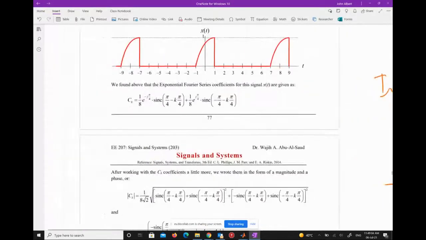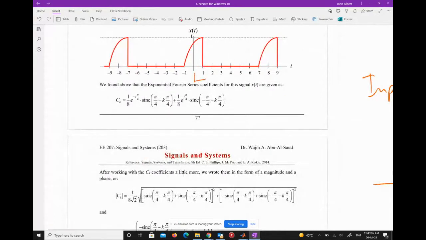Remember that T0 in here, and omega 0 is equal to 2 pi over T0. What I'm doing, gentlemen, is increasing the frequency, meaning I'm reducing the period. I'm compressing the signal in time, putting in a signal that looks like this now.